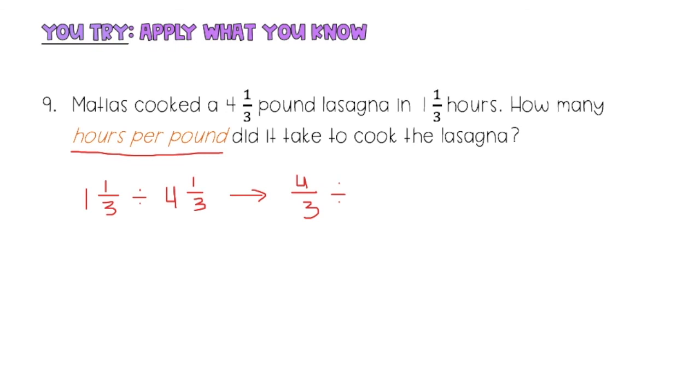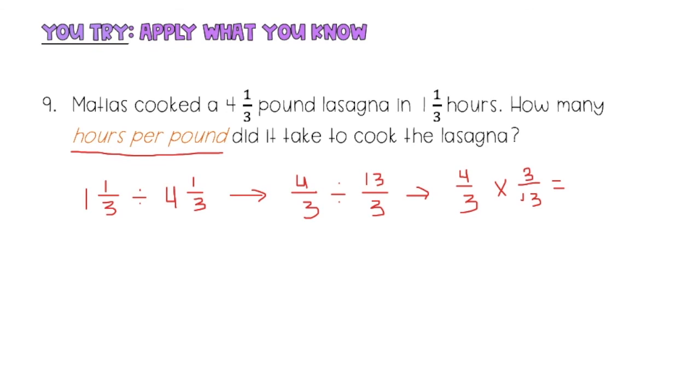Three times 4 is 12, plus 1 is 13. Now I can use keep, change, flip. I'm going to keep my first fraction the same. I'm going to change my sign to multiplication. And now I'm going to use the reciprocal of 13/3, which is 3/13.